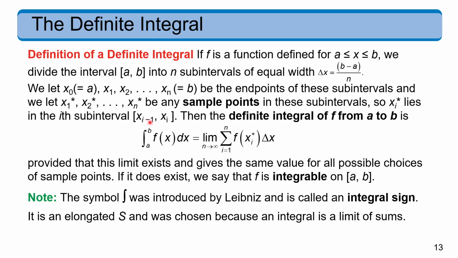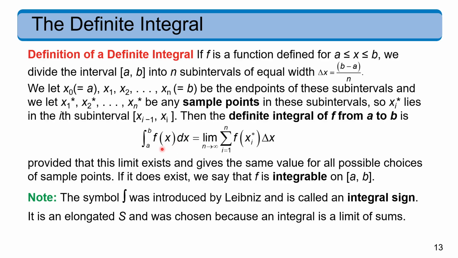Now here's the notation for the definite integral. This symbol here is like an elongated S. That's the integral sign. And to the right, we put the function that we're integrating. In terms of the area problem, that's the curve that defines the top of your region. We're finding the area below the curve f.